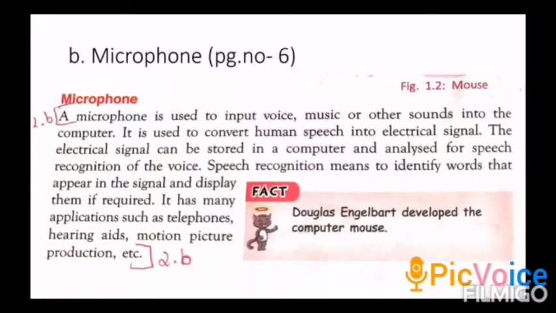The electrical signal can be stored in a computer and analyzed for speech recognition of the voice. Speech recognition means to identify words that appear in the signal and display them if required. It has many applications such as telephones, hearing aids, motion pictures production, etc.